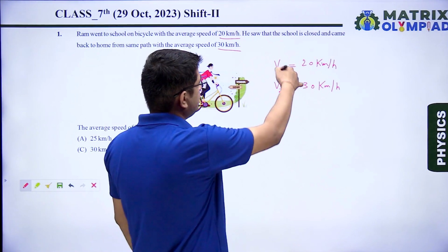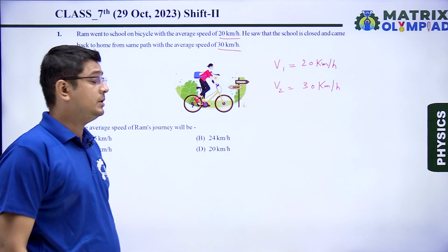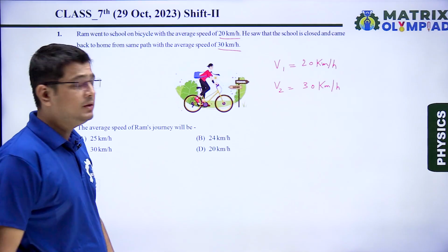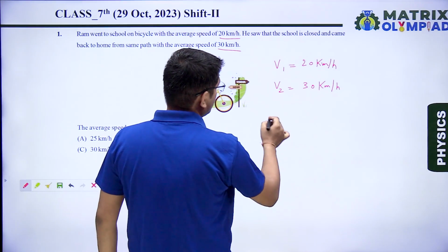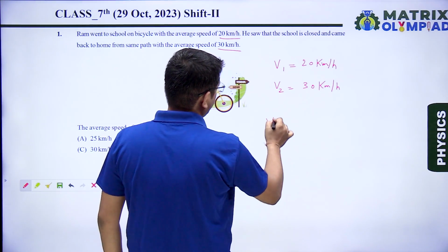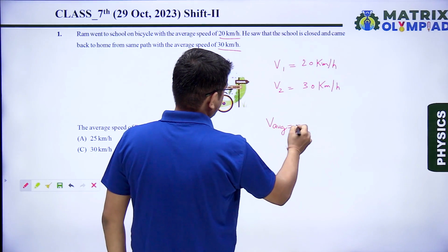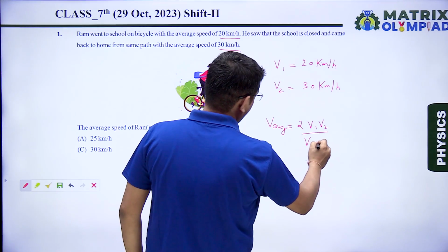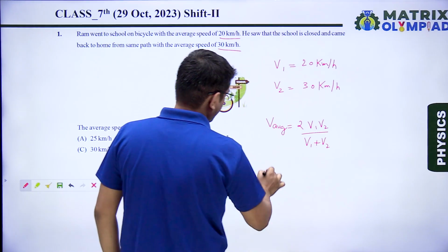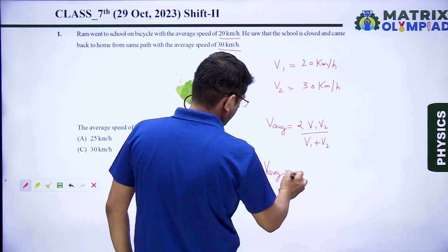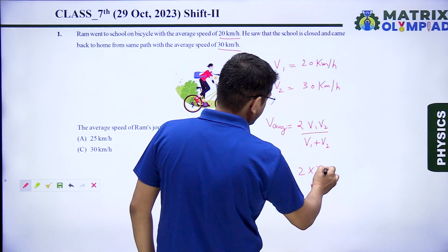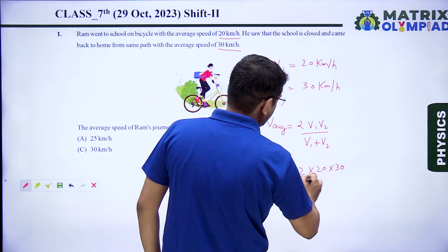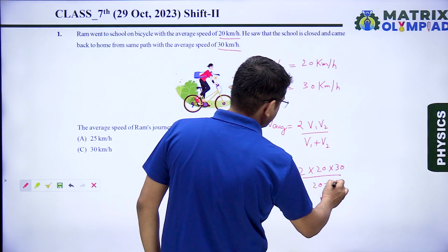So when velocities are given and time is not given here, then the formula to calculate average speed, V average is equals to 2V1 V2 upon V1 plus V2. Putting values, V average is equals to 2 multiplied by 20 multiplied by 30 divided by 20 plus 30.